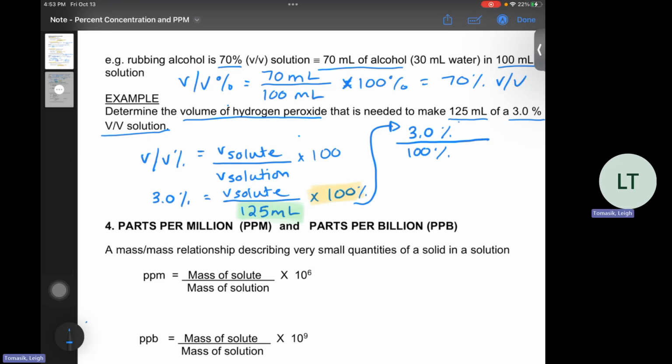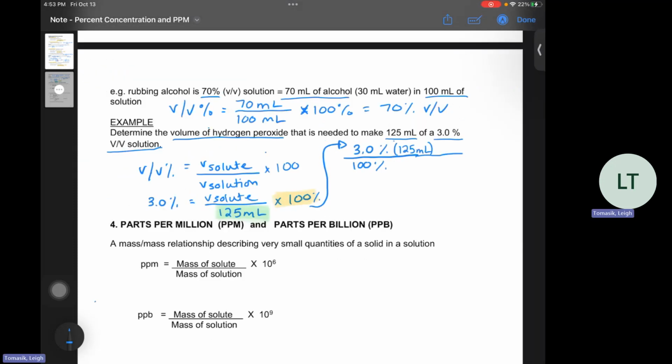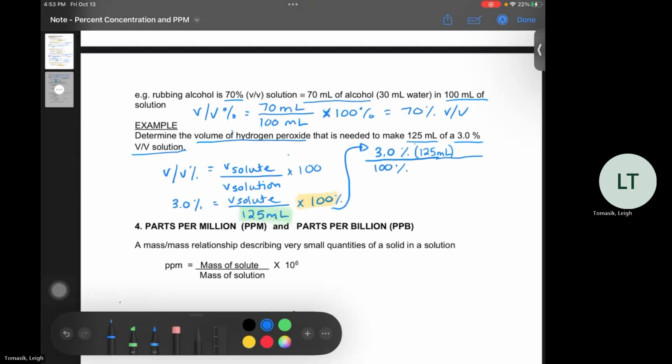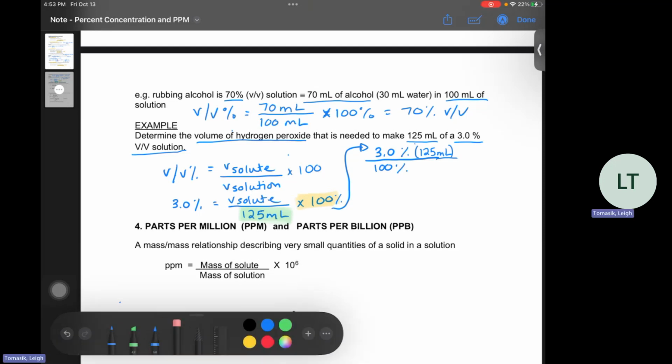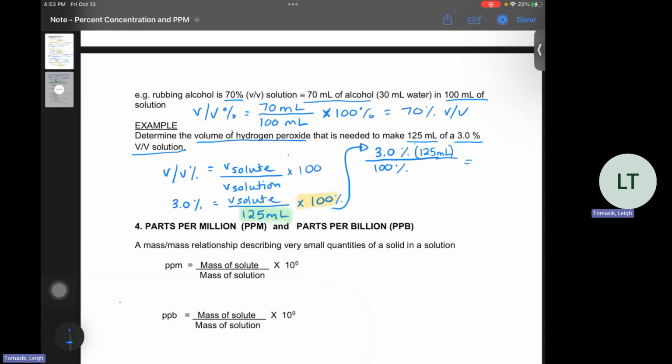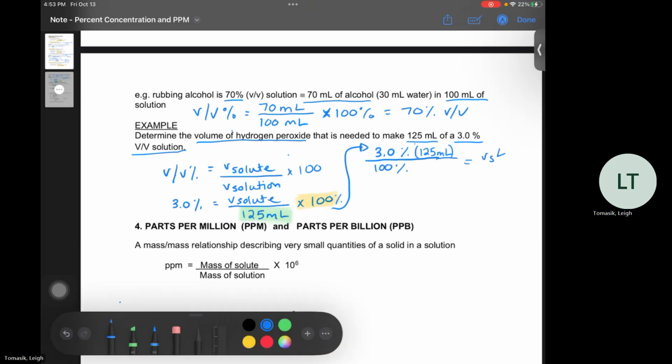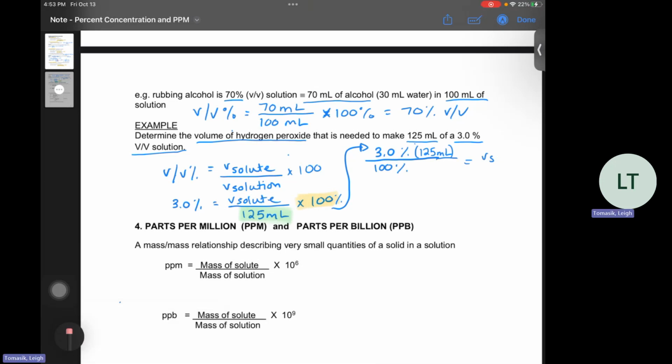And then 125 mils was divided by. So when we move it to the other side of the equation, it goes on top. Right? So into my calculator, I put 3 times 125 divided by 100. And then I'll get my V solute.